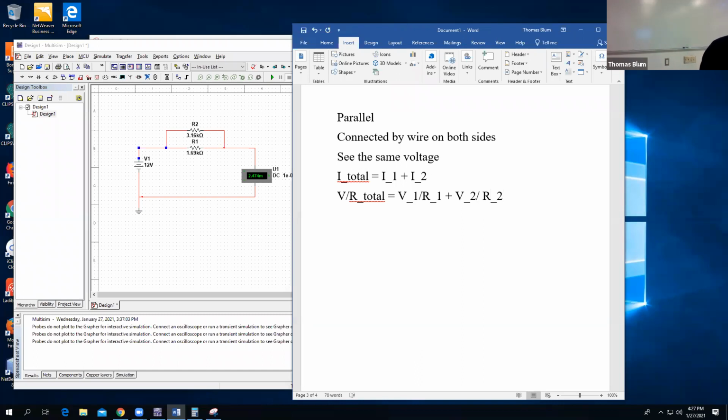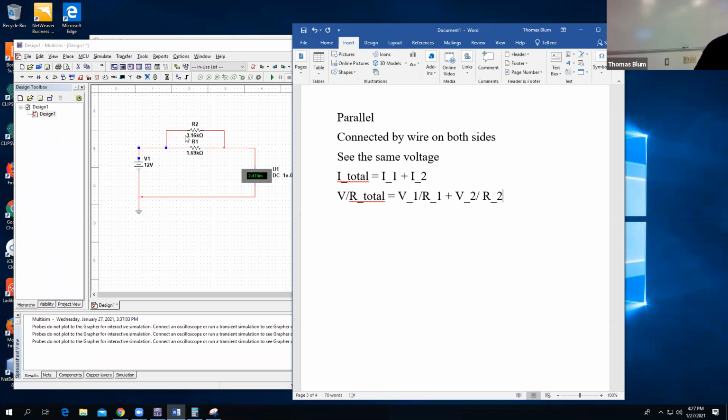Current is V over R. We said that the total current is I1 plus I2. Just replace all I's with V over R. And then what did we say? We said that this guy uses up 12 volts and this guy uses up 12 volts. So V1 is 12, V2 is 12, the total V is 12, all the V's are 12.